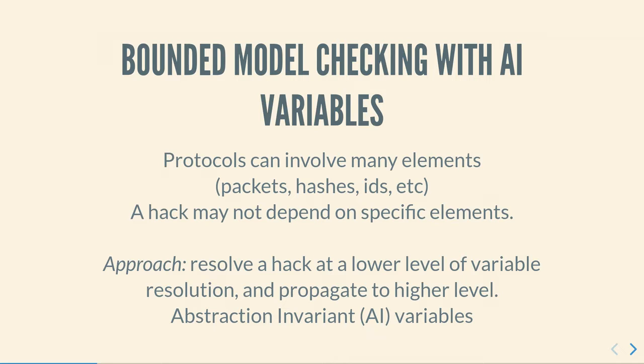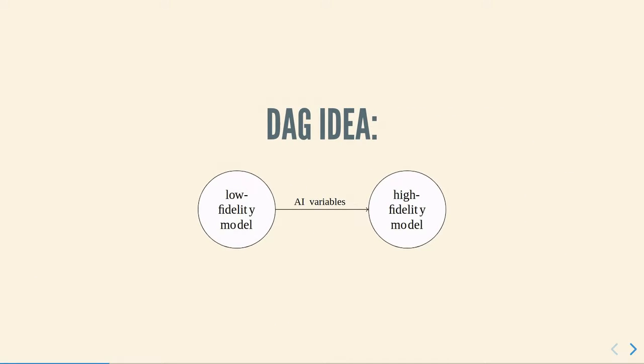That is, these variables propagate between different abstractions or models of the same protocol. The simple idea being that if you have a lower fidelity model, you can solve that in SAT more expediently, then propagate those abstraction invariant variable values to the higher fidelity model to verify that the attack also works there.